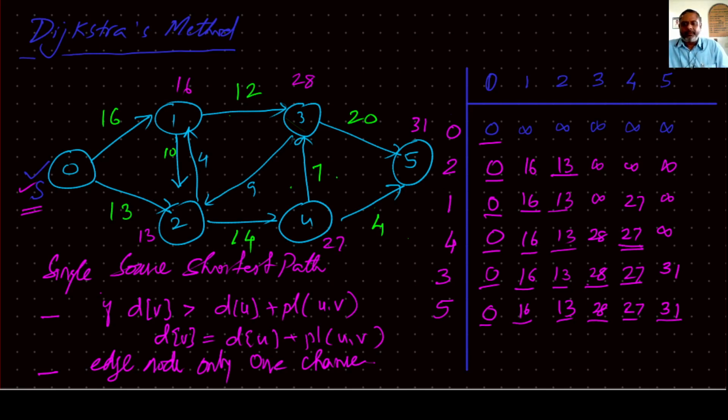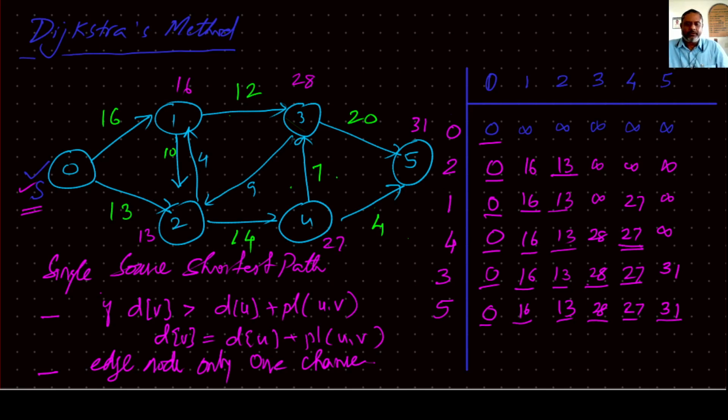Therefore if we had selected say 13, then 13 was selected because that was the smallest among all. So anything that comes after that has to be greater than 13, and to that this 9 has to be added.